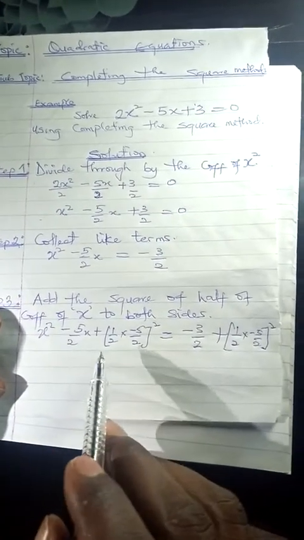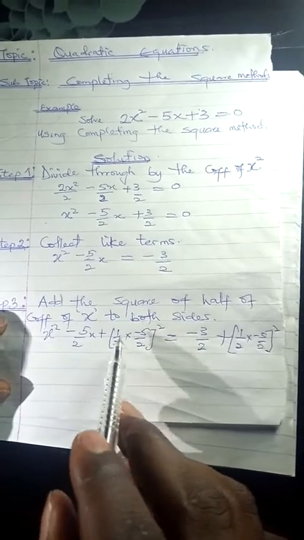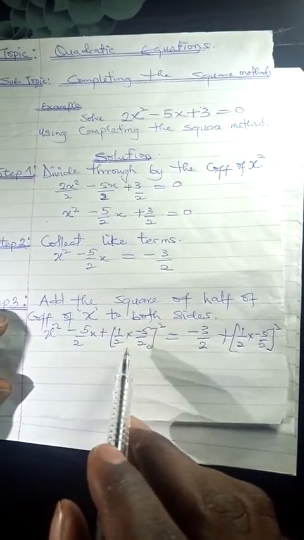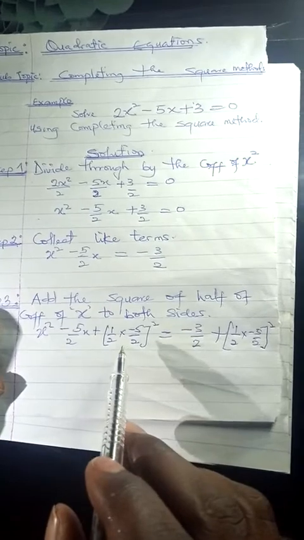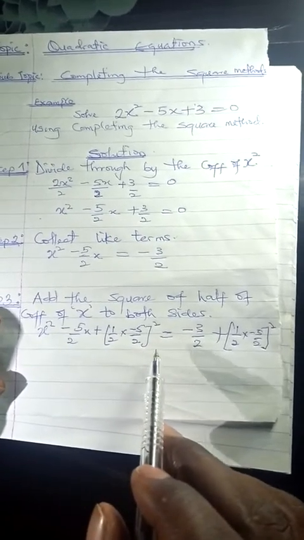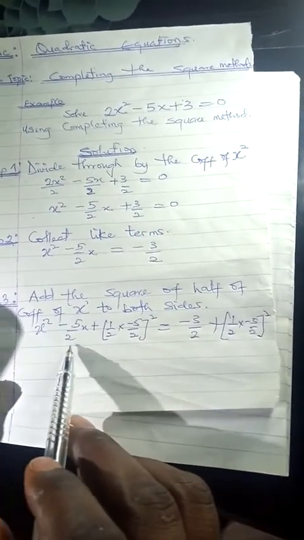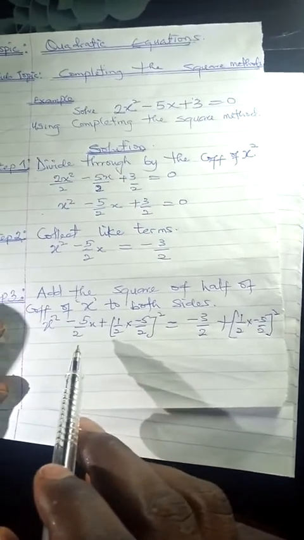Once again, we add the square of half of the coefficient of x to both sides to make the left hand side a perfect expression.